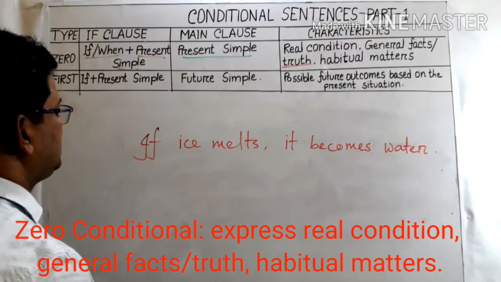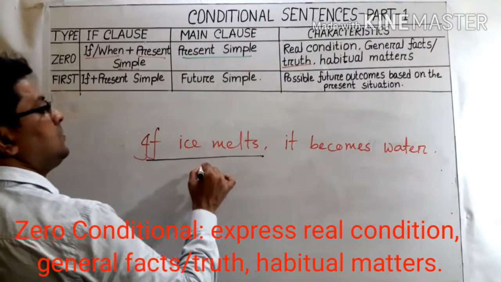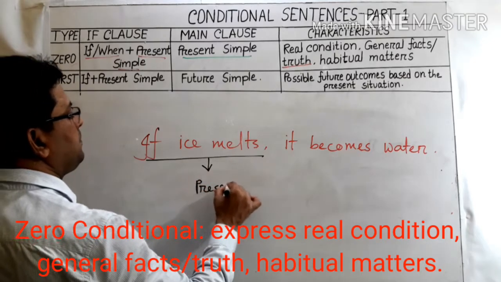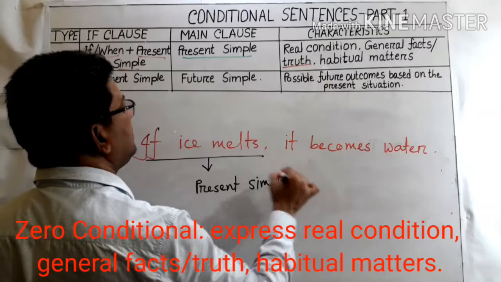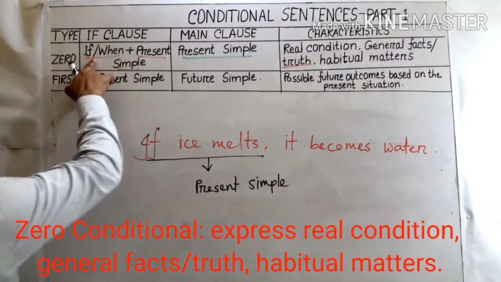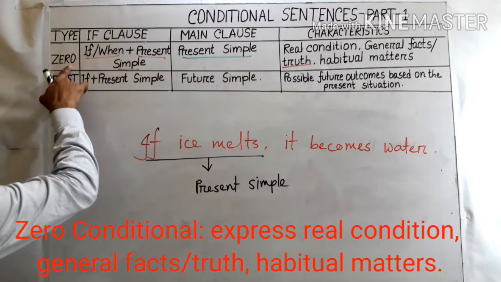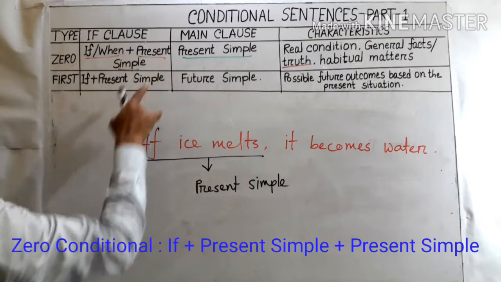On the other hand, the if clause contains the present simple. I have shown here that the if clause of zero conditional contains "if" or "when" plus present simple.